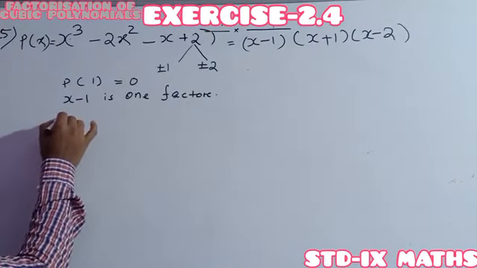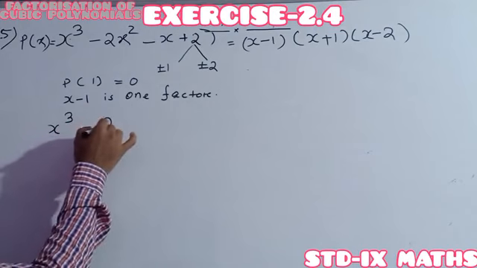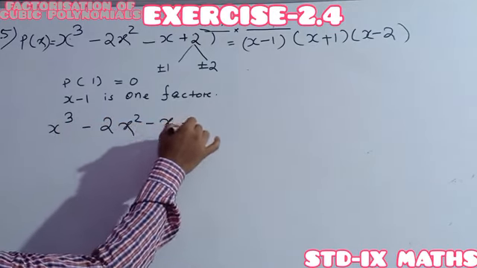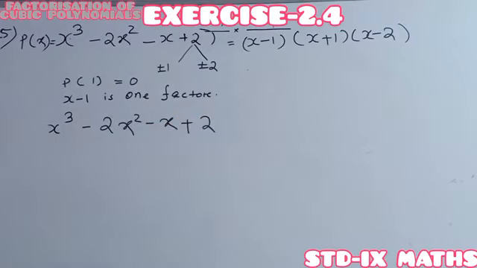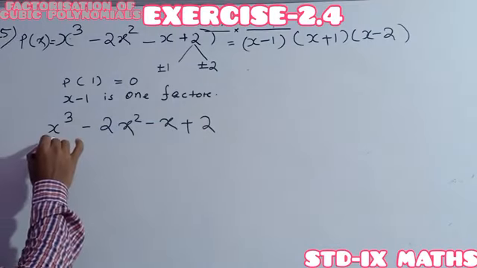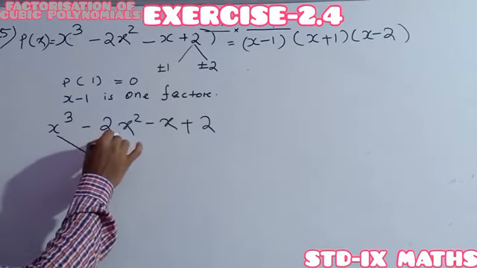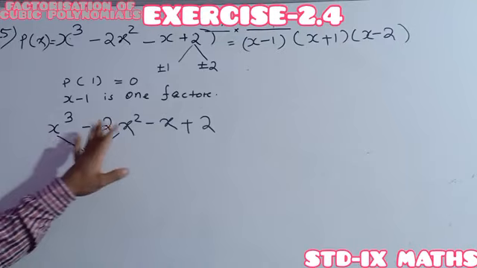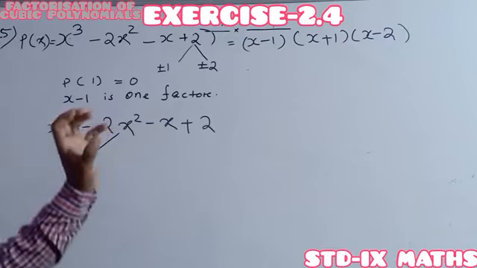The original polynomial is this one. See, x minus 1 is one of the factors. So it means always you have to try to arrange the nearer terms in such a way so that from them x minus 1 will be generated as the common factor.